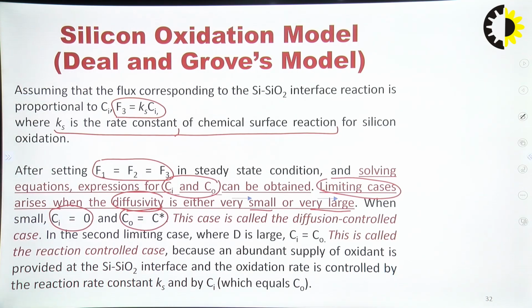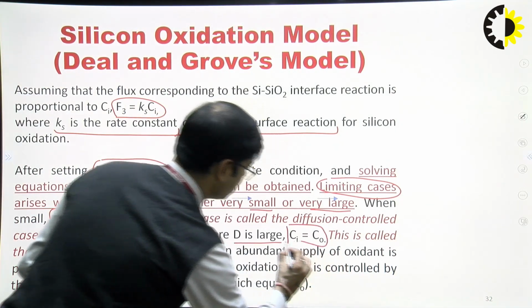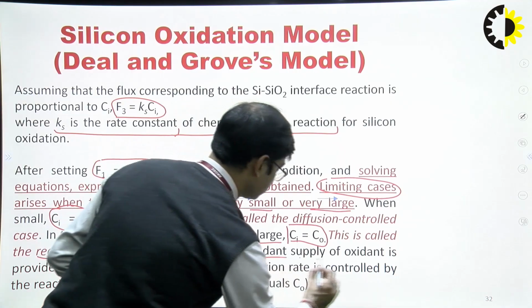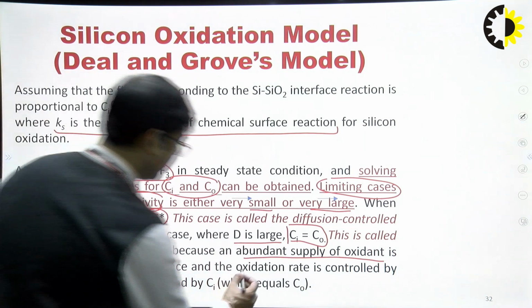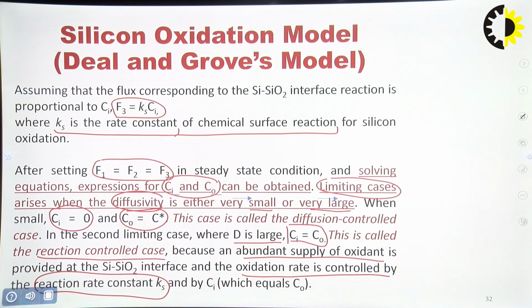In the second limiting case, where diffusivity is very large, Ci becomes equal to C naught, and this is called the reaction controlled case, because of the large diffusivity there is abundant supply of oxidant, and the oxidation rate is controlled by the reaction rate constant Ks and by Ci, which equals C naught. So this is about the Deal-Grove model.